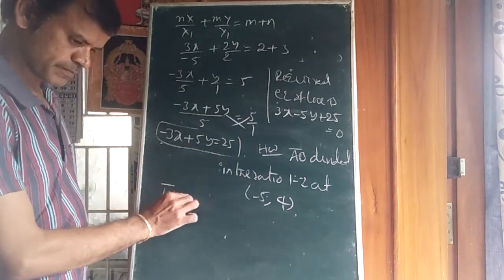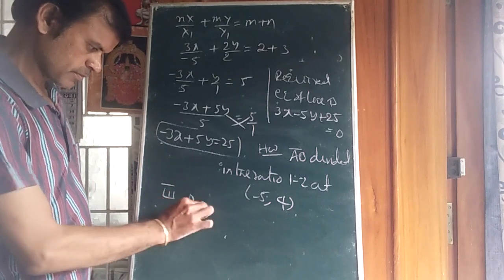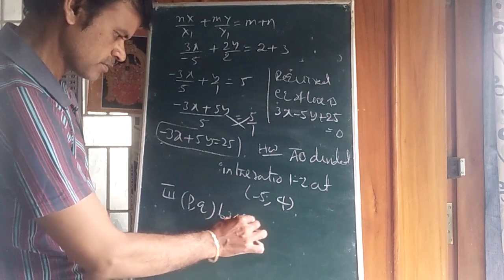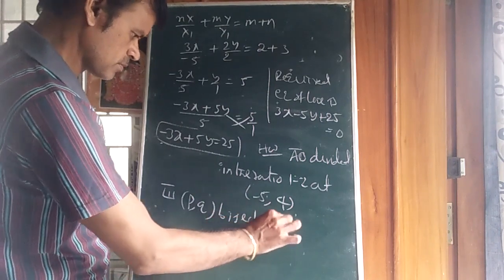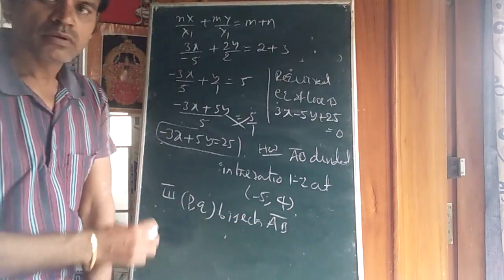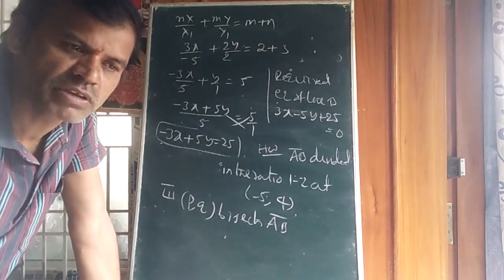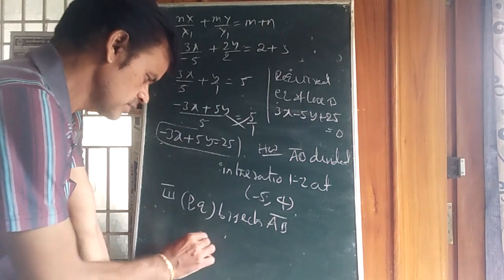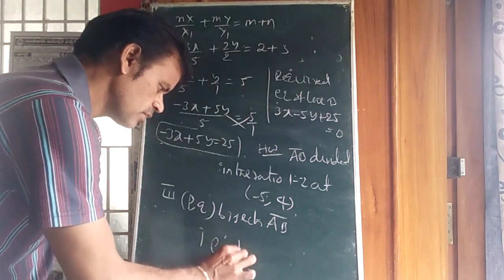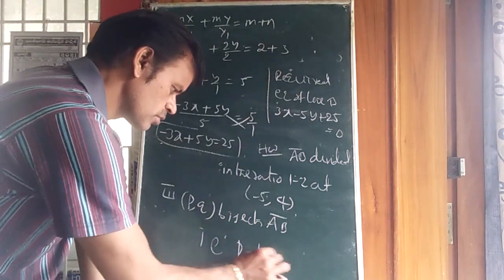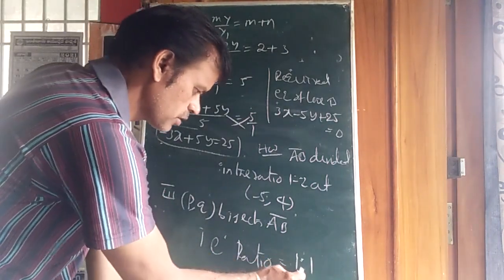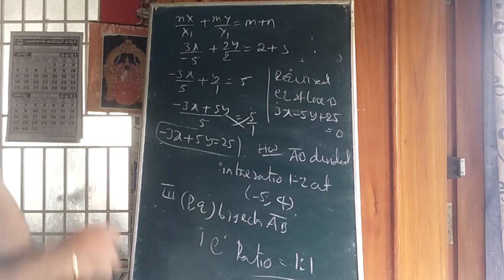Third one, PQ bisects AB. Students, I think you know that bisecting means dividing into two equal parts, that is ratio 1:1 you take. That is the hint I am giving, ratio equal to 1:1. Apply the formula and do the sum.